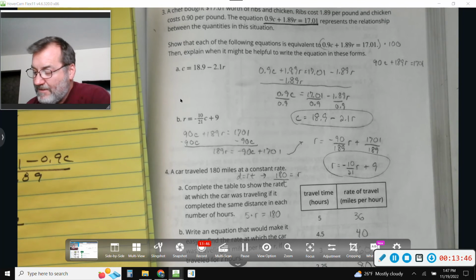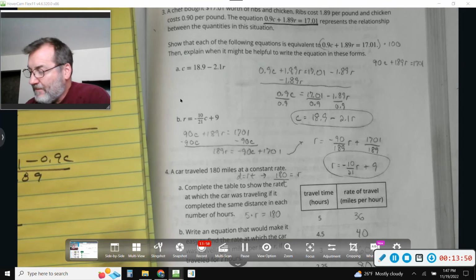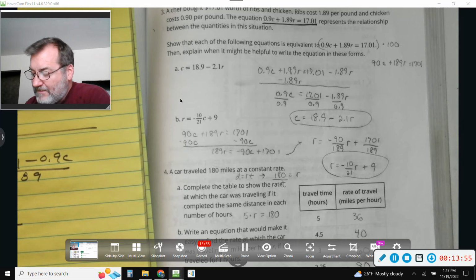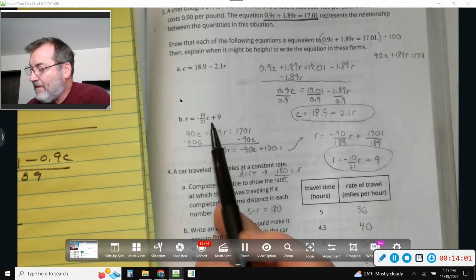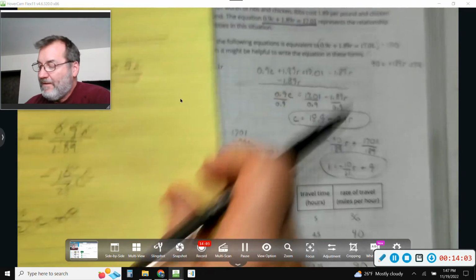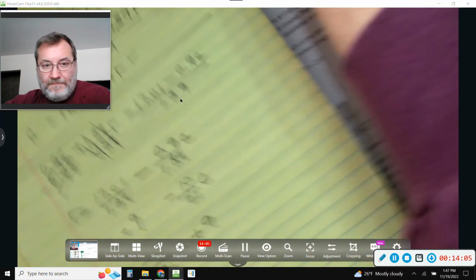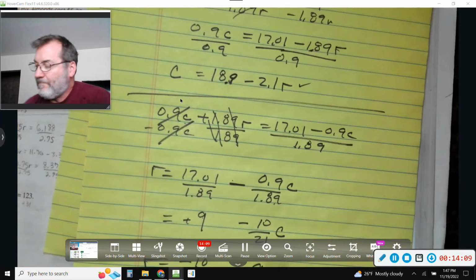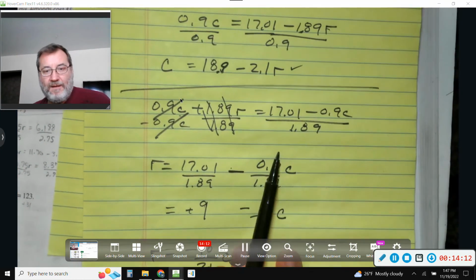Take that number times 9, you get 17.01. Now is that the same as this? Well, yeah. Because this is a plus 9 and a subtraction, that's the same thing as negative 10 divided by 21 C plus 9. So yeah, we get the same thing as before.